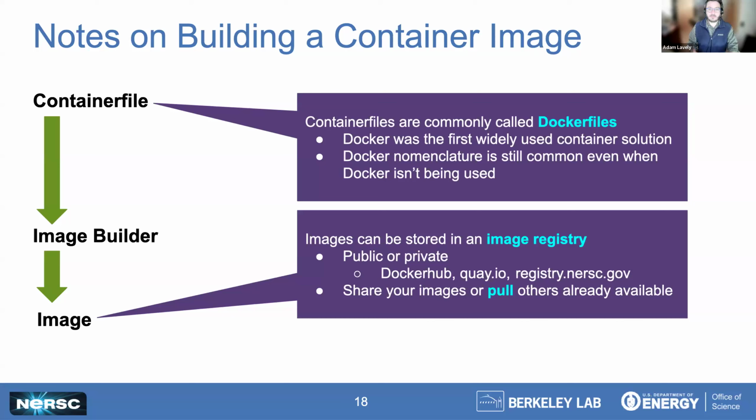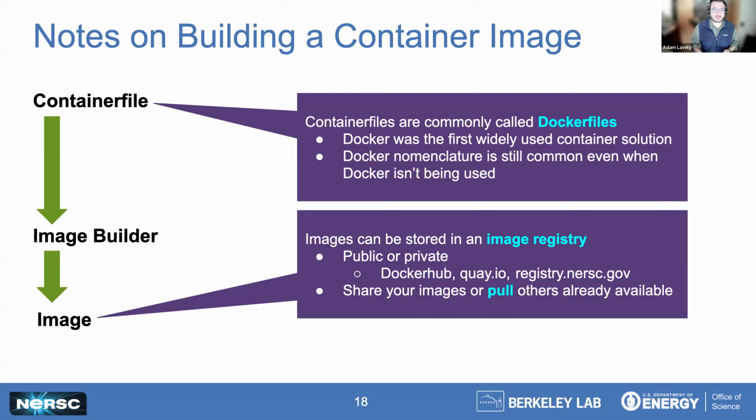Container file is a more generic term, but I might even slip up today and call them Docker files. I apologize for that. It's not meant to be confusing, but because Docker was so important to the development of containers overall and is still so widely used, the nomenclature used there is still very widely used.